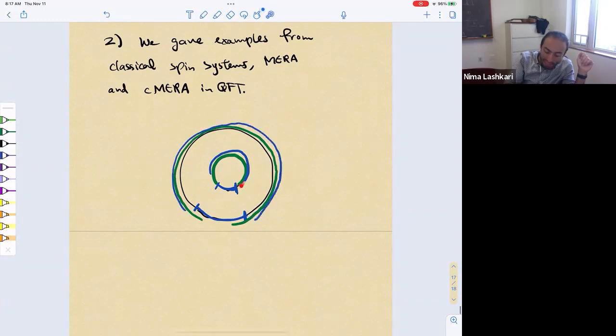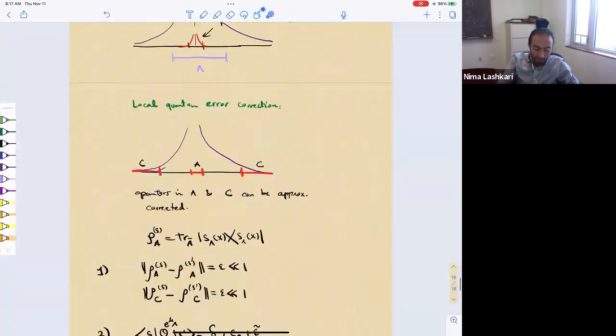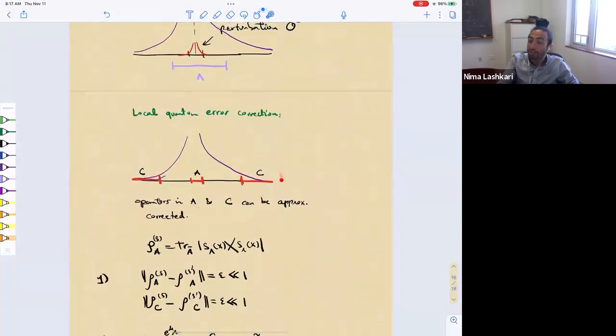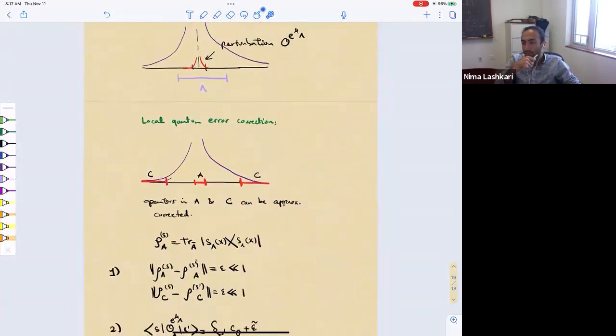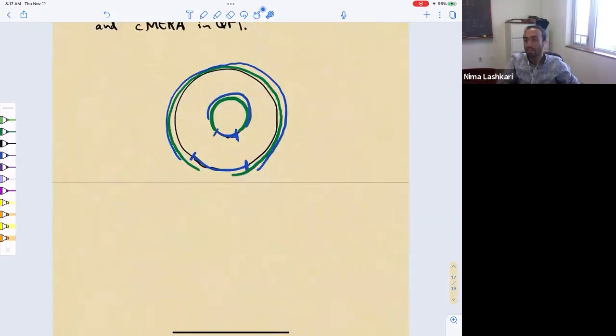You have to leave these gaps. How many qubits can we squeeze next to each other? I didn't discuss this, but it has to do with these trade-off bounds: how good of a local error correction code it is. Yeah, so this is the distinction, and it's the same story in MERA as well.